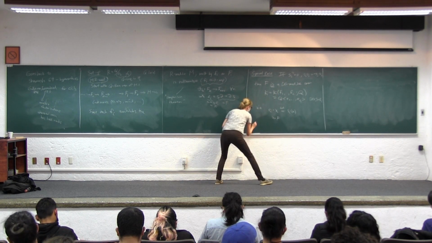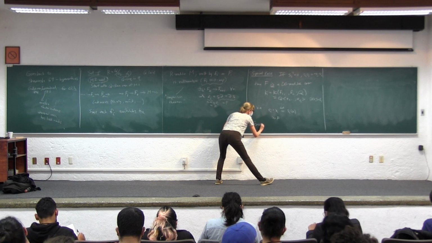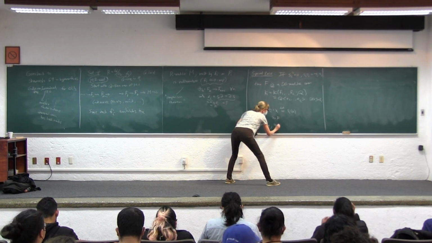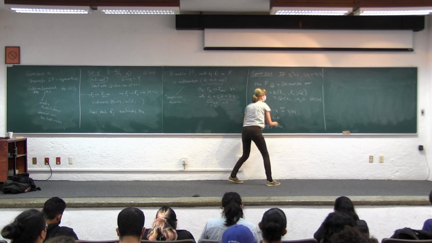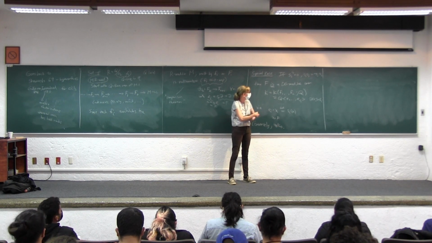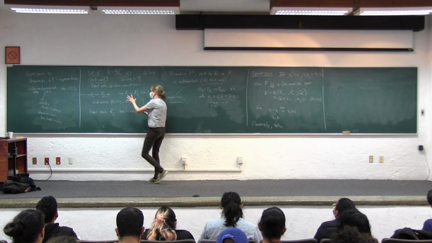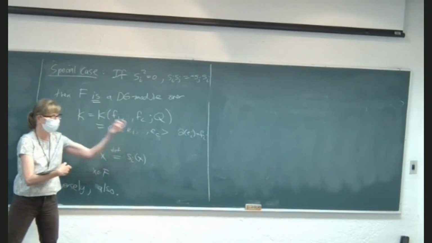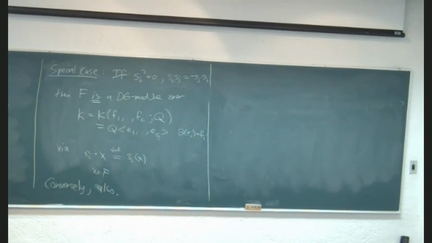And conversely, also. It's the same idea. If you have a DG module structure on this resolution over this lovely DG algebra, then multiplying by E_i takes you up in 1 degree.